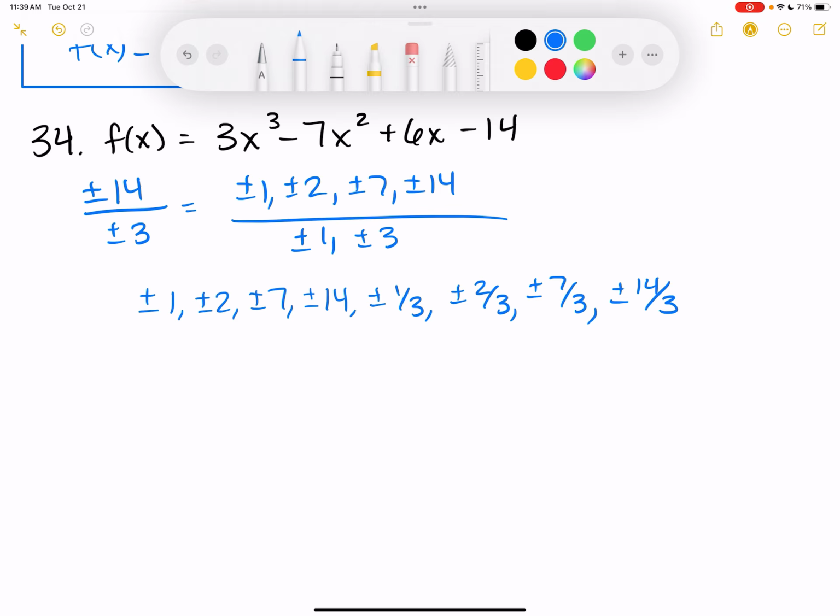So once you graph it, you're looking on the graph to see approximately what looks like it could be a 0. So out of all the numbers on our list, plus and minus, which one looks like it could be that value? Let's do 7/3. Yep. So most likely 7/3, so that's the one we're going to check.